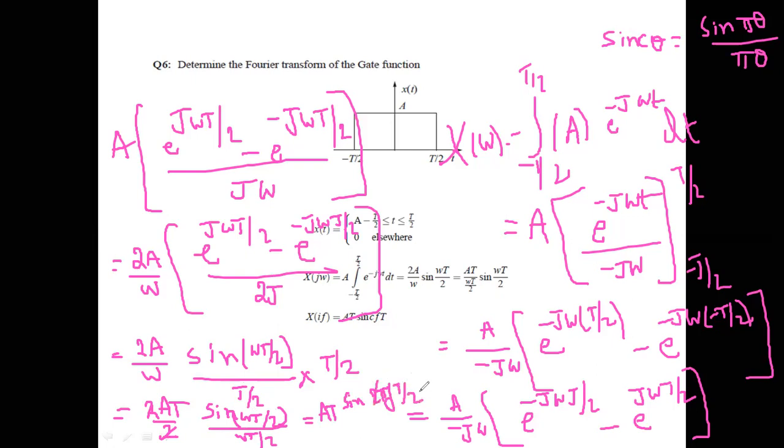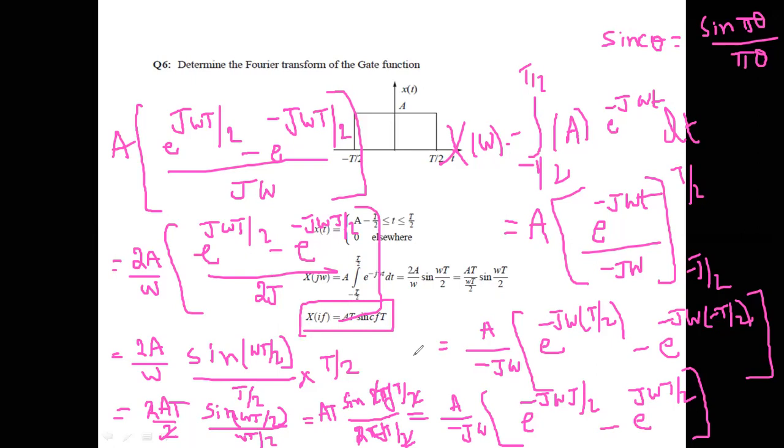Here the 2 gets cancelled, the 2 gets cancelled, my students. sin(fT), by, in the denominator also the same thing, 2πf T/2, the 2 gets cancelled. So now it is in the form of sin(πfT). So π with the θ here is the sinc θ. So AT sinc(fT). See here, X(f) or X(jω) is AT into sinc(fT).